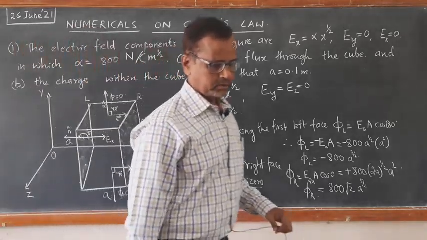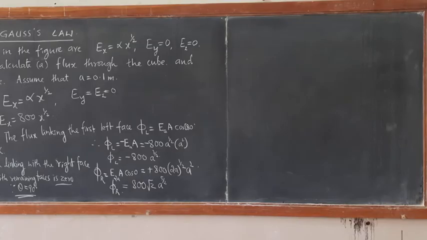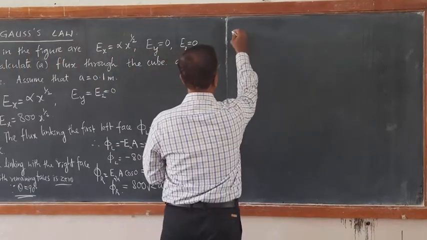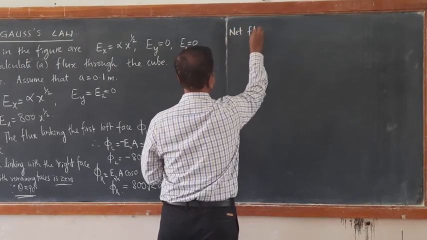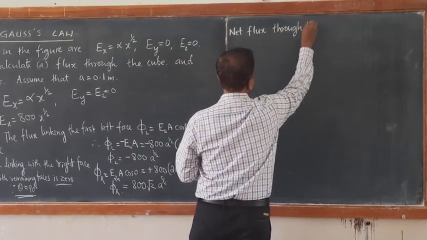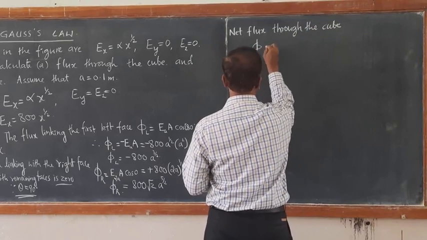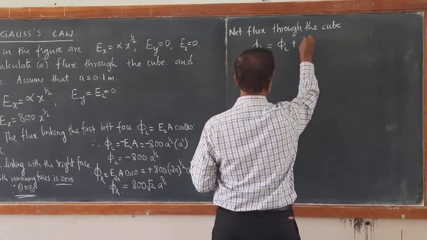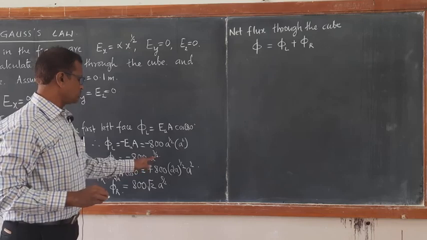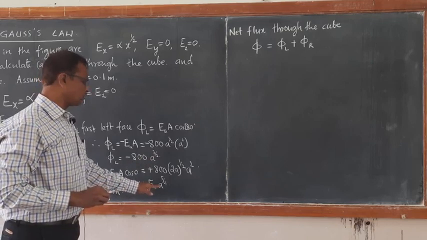The net flux through the cube is phi equal to phi L plus phi R. Phi L is minus 800 A raised to 3 by 2, and phi R is 800 square root of 2 into A raised to 5 by 2.